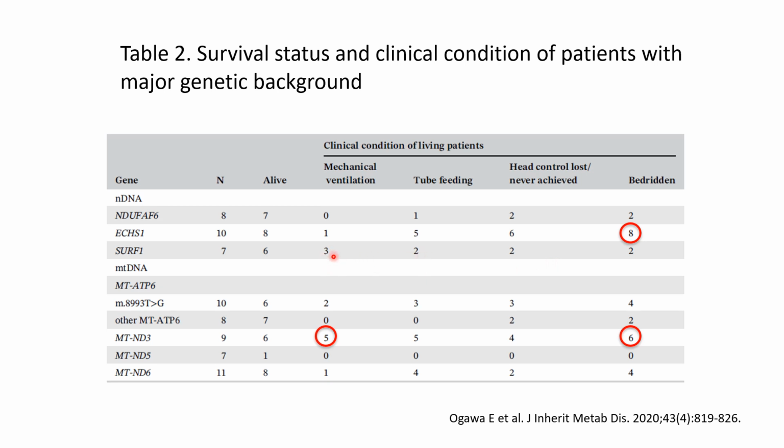In mitochondrial DNA, some patients died in ATP6, ND3, ND5, and ND6. Especially for ND3, among 6 alive patients, all are bedridden, and 5 patients are using mechanical ventilation.